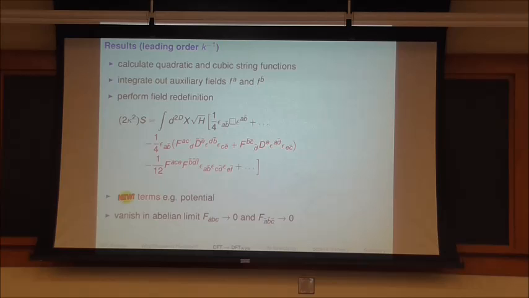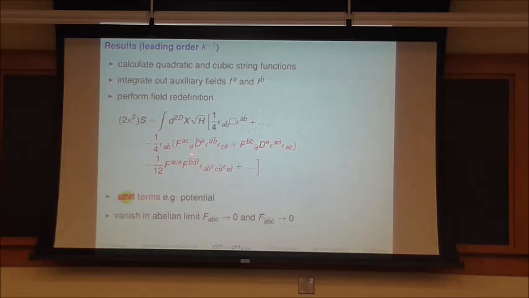Okay, thank you. And now we can really calculate the action, and I do not want to give you all the boring details. We integrate out some auxiliary fields, perform some field redefinitions, and at the end of the day we again find some new terms, exactly the red ones here. The other terms are the same as we would get on the torus.